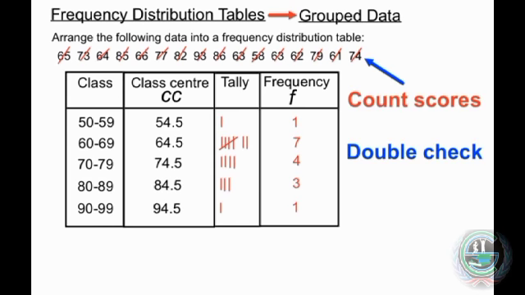We'll add up the number of scores that we have, and there are 16 of them. We can double check that we haven't missed any by adding up our frequency column and making sure we've processed 16 scores onto our table. So 1 plus 7 is 8, plus 4 is 12, plus 3 is 15, plus 1 is 16.